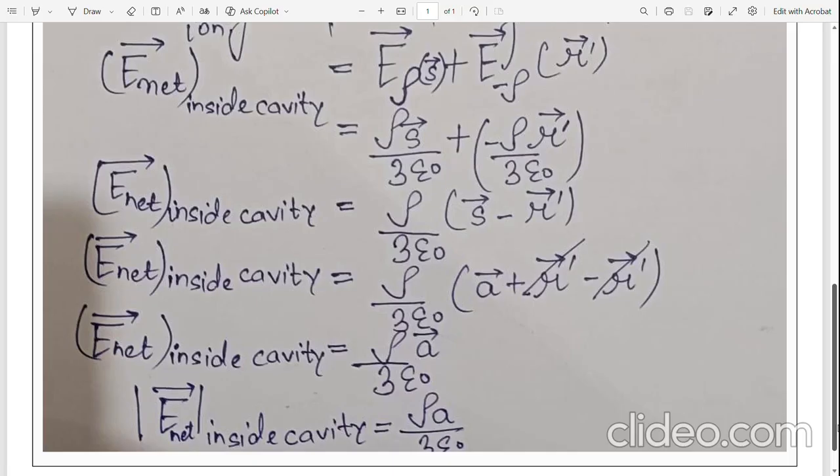Here the distance between the respective centers was a. So using our concepts we found the electric field at any point inside the cavity, and that came out to be rho a upon 3 epsilon naught. I hope this will be helpful to you.